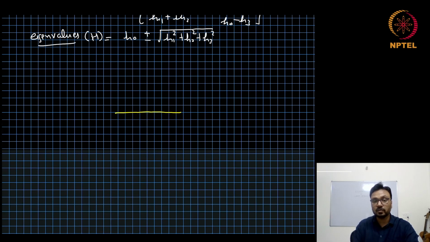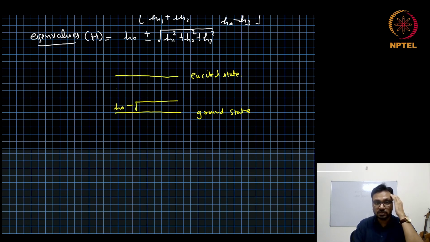One is the lower one, let us call it the ground state. And one is the upper one, let us call it the excited state. The energy of the lower one is h0 minus the root of h1 squared plus h2 squared plus h3 squared. And the energy of the upper one is h0 plus the root of h1 squared plus h2 squared plus h3 squared.